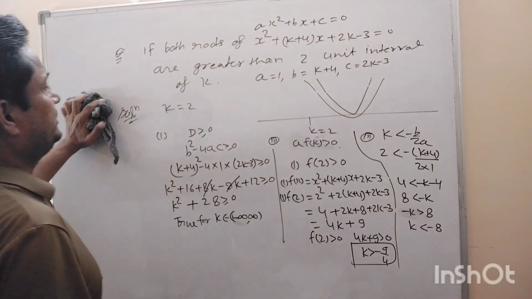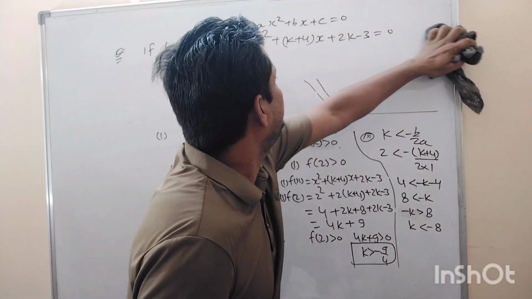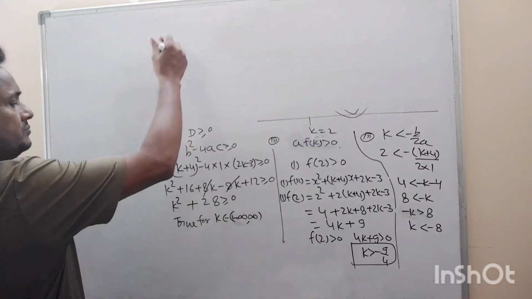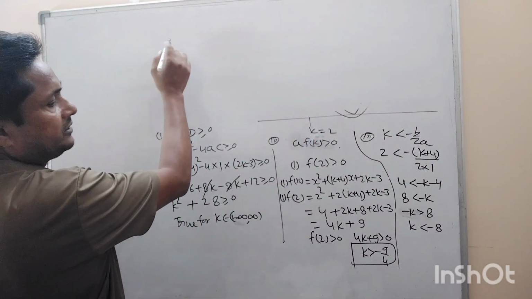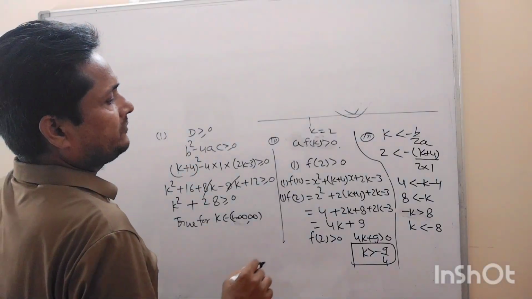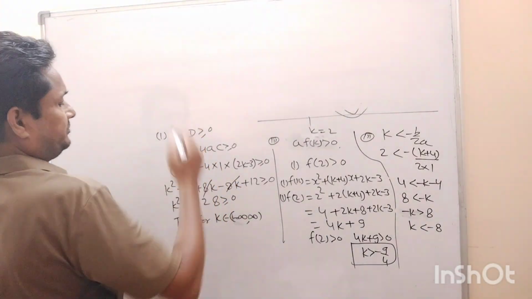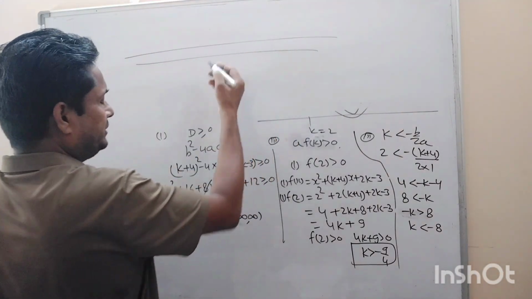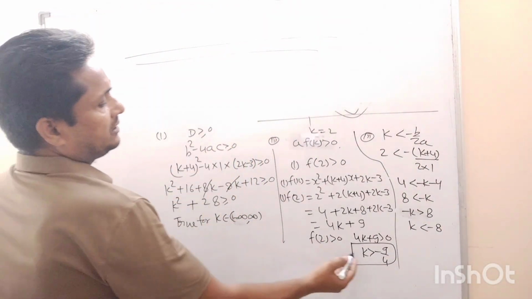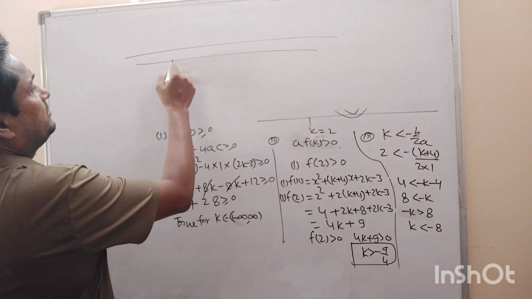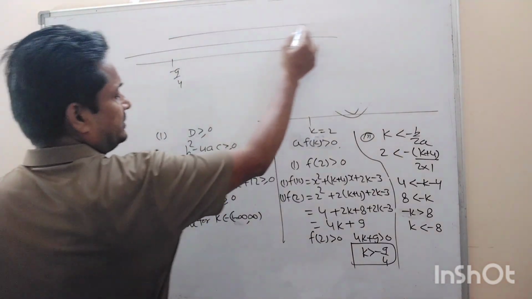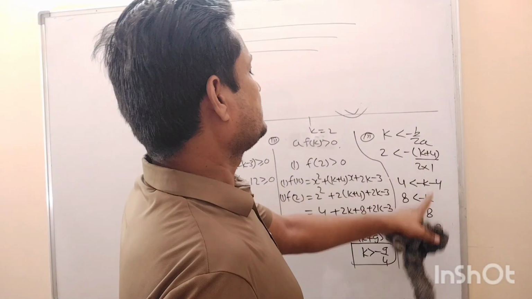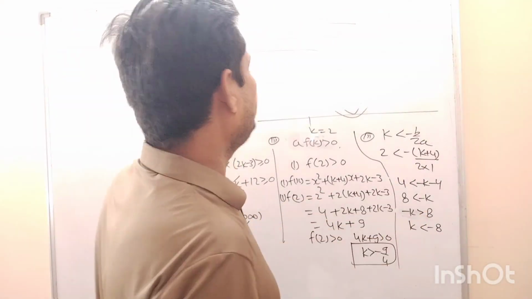So if you take intersection between all these three cases, what will be your answer? First is minus infinity to infinity, this is the first case, and the second case is minus 9 by 4 to infinity, and the third case is k is less than minus 8.